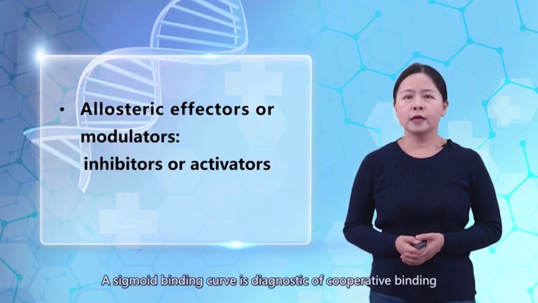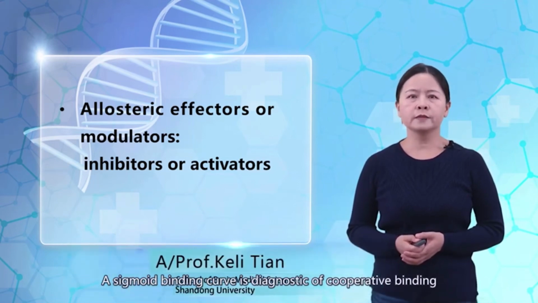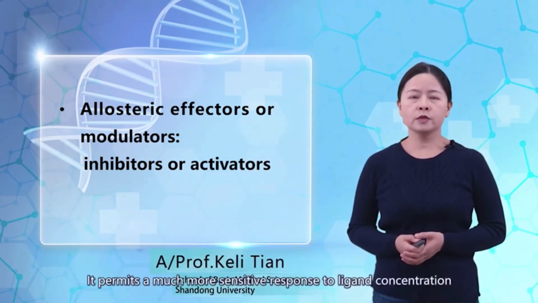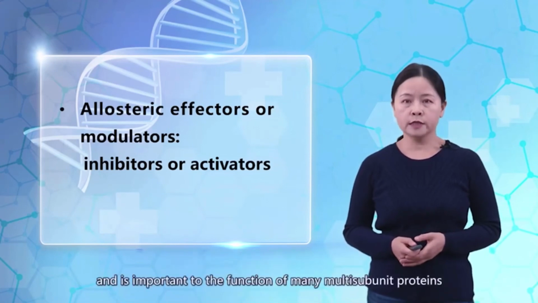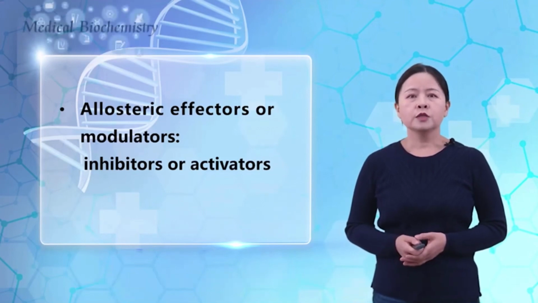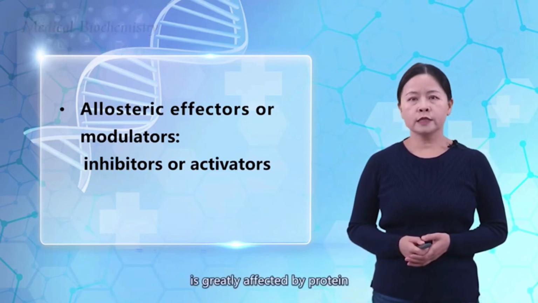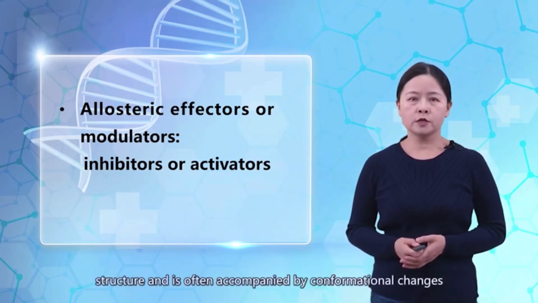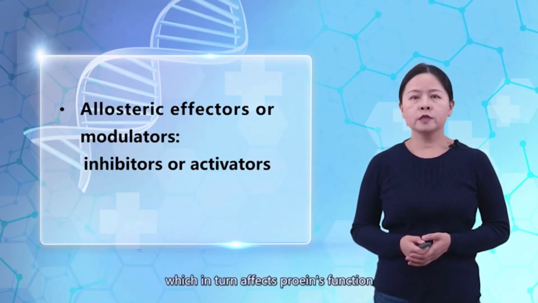A sigmoid binding curve is diagnostic of cooperative binding. It permits a much more sensitive response to ligand concentration and is important to the function of many multi-subunit proteins. So, interactions between a protein and its ligand are greatly affected by protein structure and are often accompanied by conformational changes, which in turn affect the protein's function.